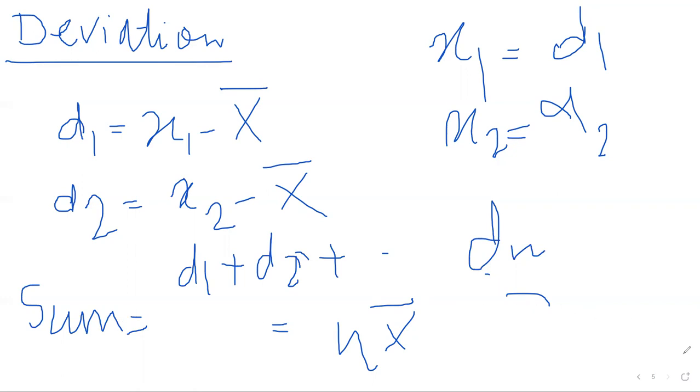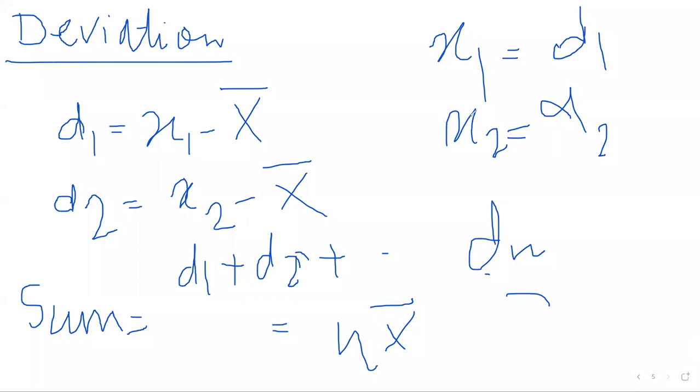Now if you are asked to find the average deviation, what will you do? Average deviation is defined as the sum of the absolute values of the deviations divided by the number of readings. The absolute value of deviation is the value without respect to its sign.